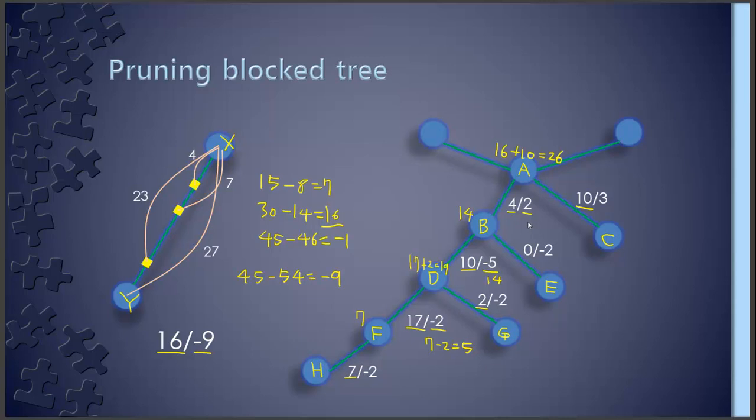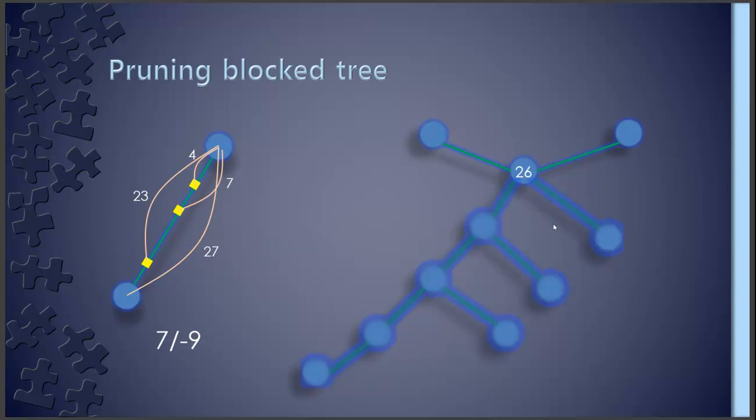After the pruning process, you would write 26 at this node. This means you can get 26 points by visiting every subtree. So here you don't care about the subtrees. You only have to care about this side. So the state graph becomes much smaller.